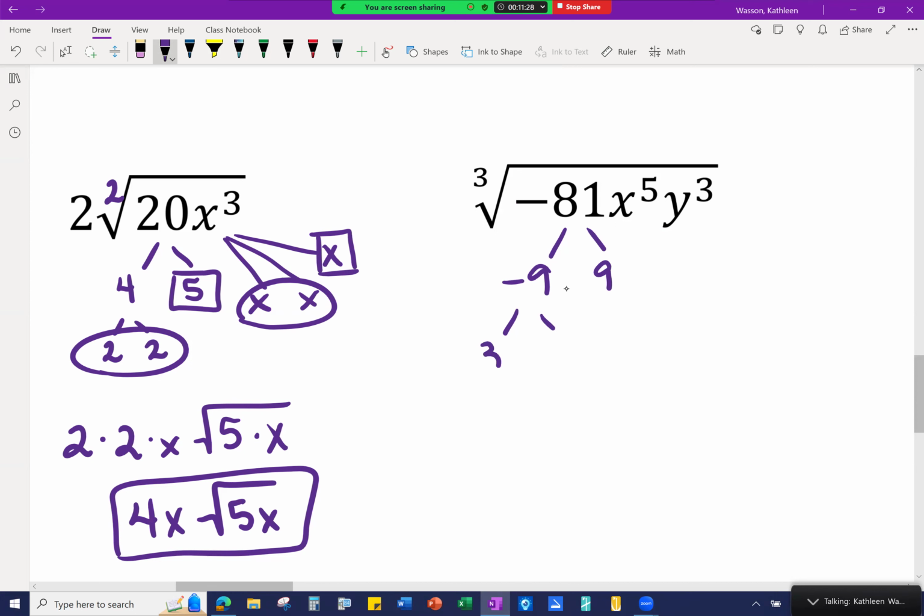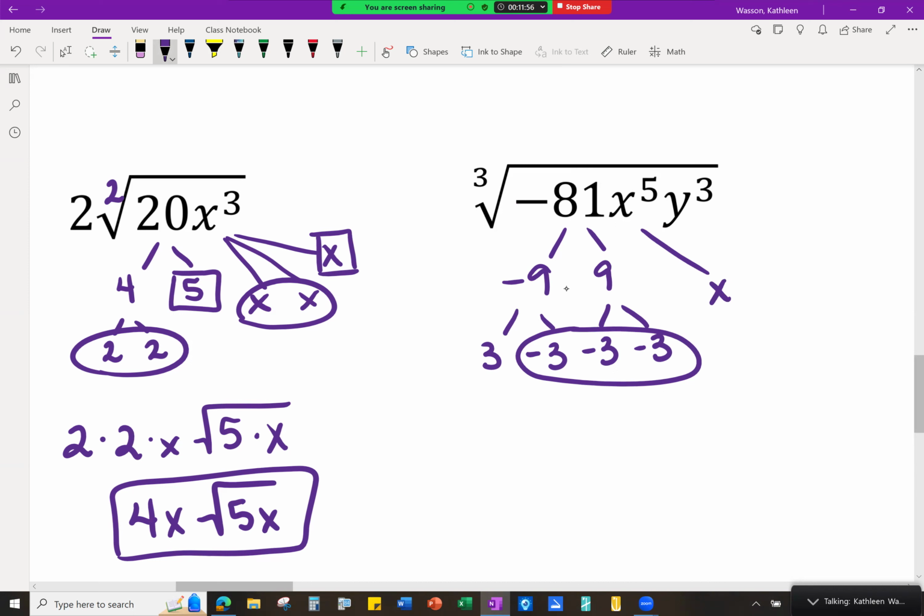Negative 9 is 3 times negative 3. I need to make sure this negative comes out. So I can write 9 as negative 3 times negative 3, because negative times negative is positive. And if I write it that way, then I'll have a set of 3 matching negative 3's. So I can pull out this group.